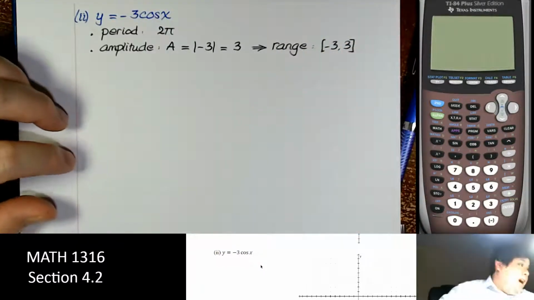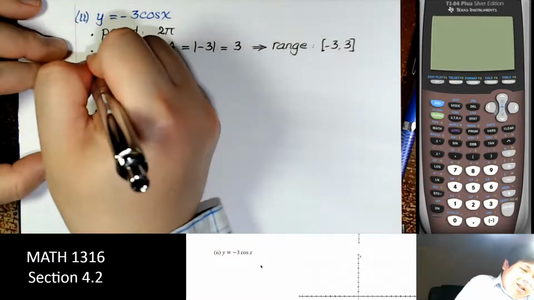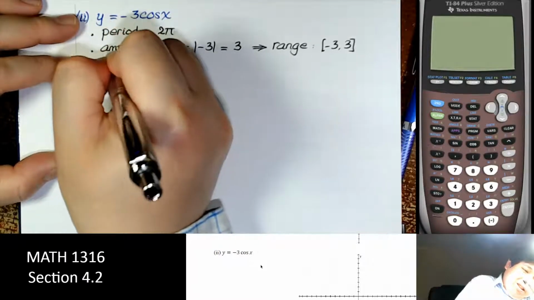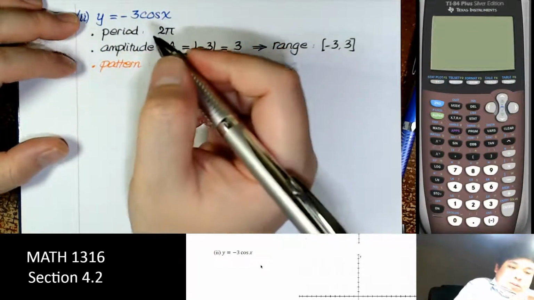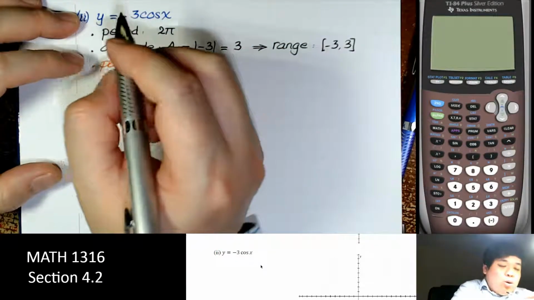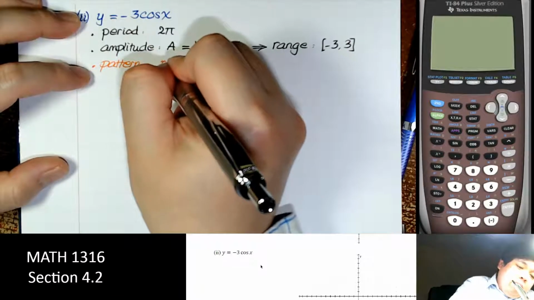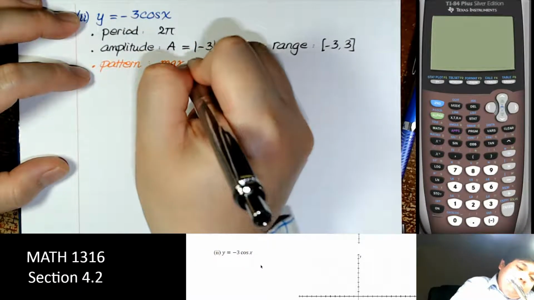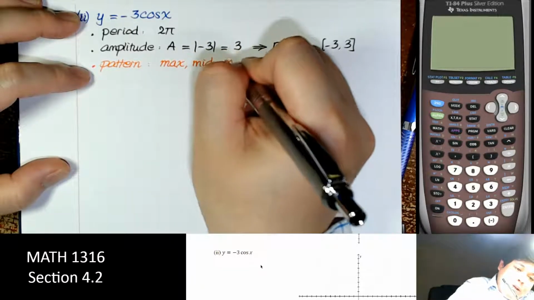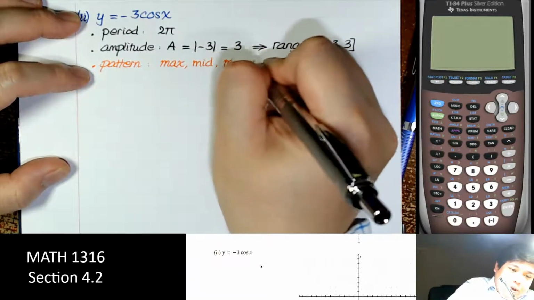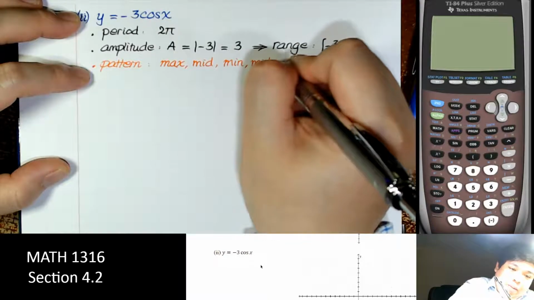Right, and then just the pattern. The pattern for cosine starts from the maximum, middle, minimum, middle, max.